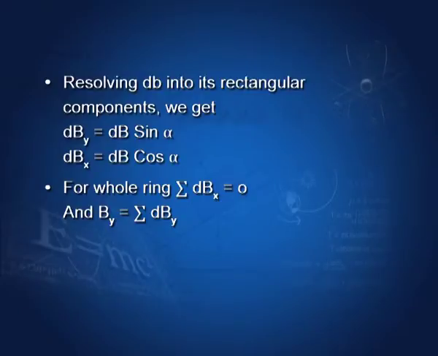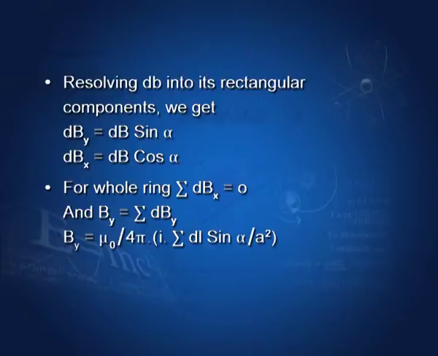Whereas the magnetic field along the y axis, say By, will be equal to the summation of dBy. So By equals mu naught upon 4 pi, I summation dl into sin alpha divided by a square.